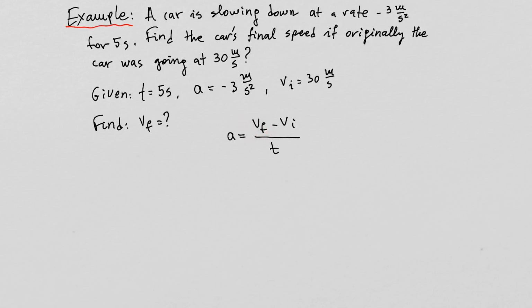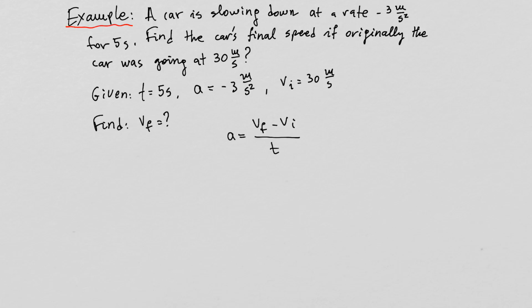So, by the steps described in the previous chapter of how to solve a problem, first I'm going to rearrange the terms here to isolate v final alone on the right-hand side of this relationship. Everything else goes on the left-hand side, and then I'm going to substitute the values and calculate the answer.